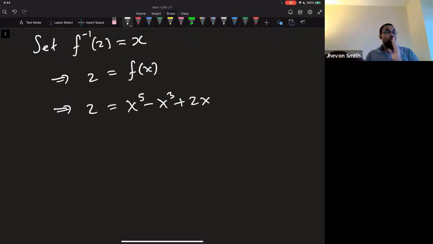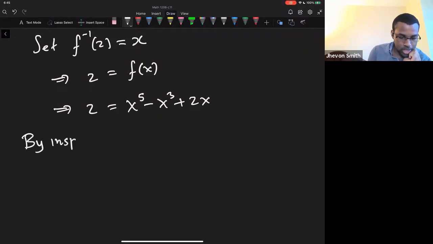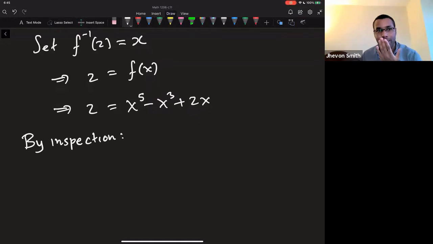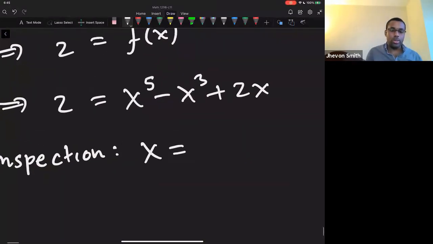Now, we could actually solve this, but I don't want you to solve it. What I want you to do, because this is going to be good practice for the future, and you'll see some of this in your homework as well, is solve it by inspection. By inspection is just a fancy way of saying we eyeball it and we know the answer. So can anyone see what x would have to be to make this true?